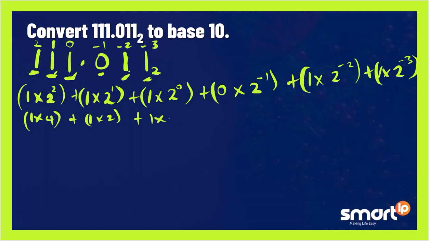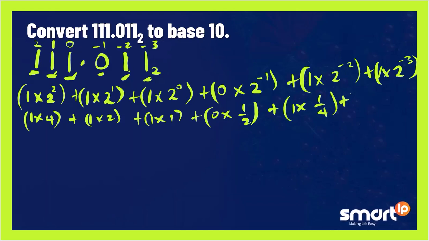So we have 1 times 1 there. Then plus 0 times 2 raised to the power minus 1, that is half. Then plus 1 times 2 raised to the power minus 2, that is 1 over 4. Then plus 2 raised to the power minus 3, that is 1 over 8.